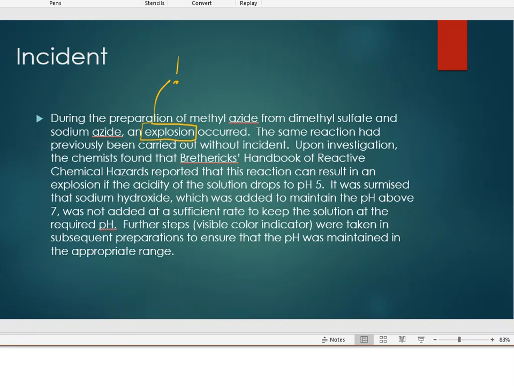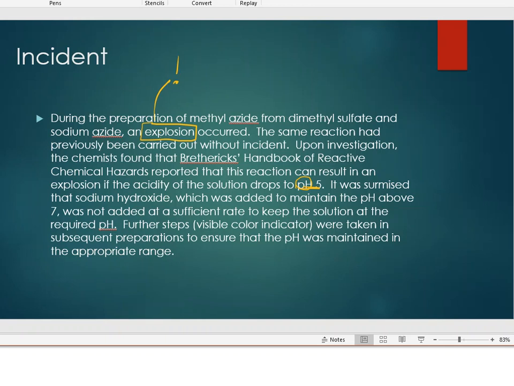So, upon investigation, the chemist found that Bretherick's Handbook of Reactive Chemical Hazards reported that this reaction can result in an explosion if the acidity of the solution drops below a pH of 5. So we've got a reaction here, and this reaction is pH dependent.